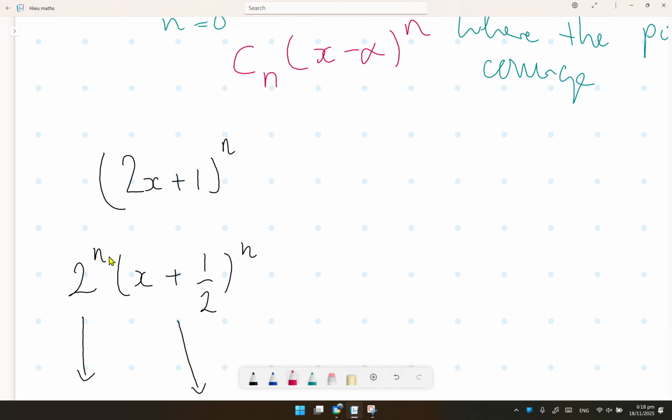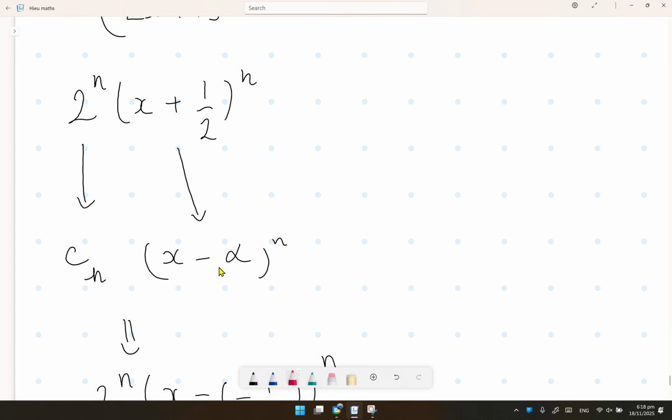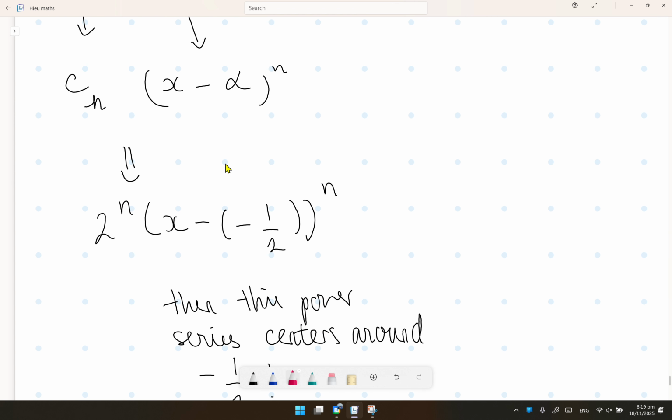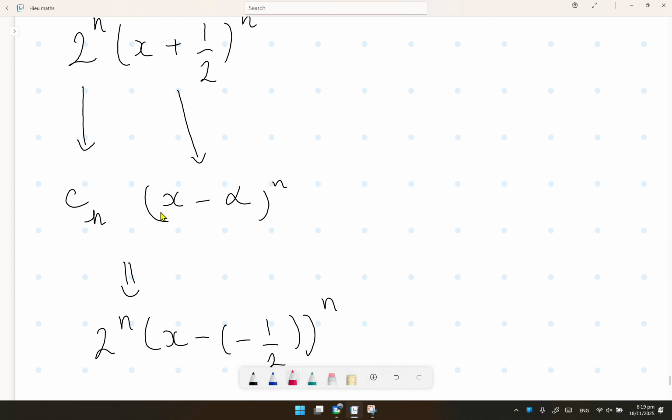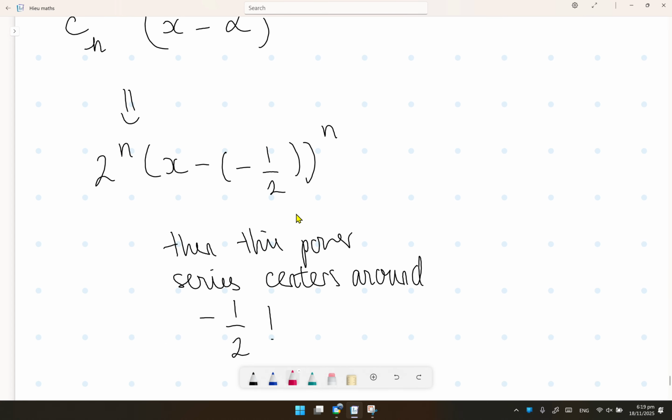That leaves 2 to the n, multiplied by x plus 1/2 to the power of n. Cn is going to be 2 to the n, and if you want x minus alpha, then you have to do minus. So here you would say it's 2 to the n multiplied by x minus (minus 1/2). So 2 minuses because the form is x minus alpha. And so therefore, this series would be centered around alpha equals minus 1/2, right?